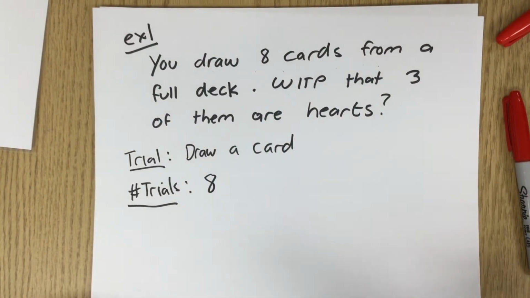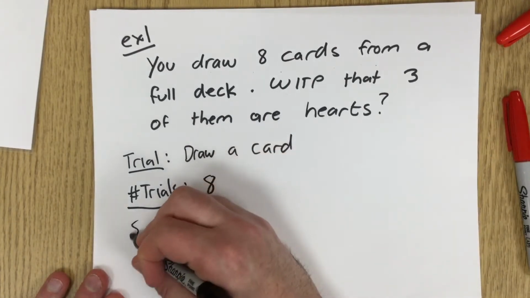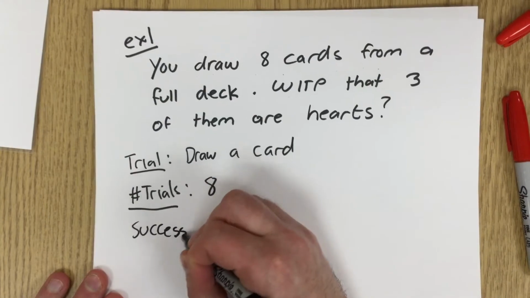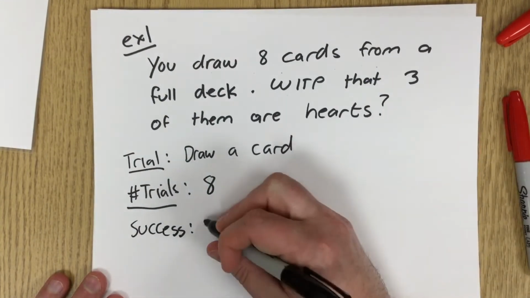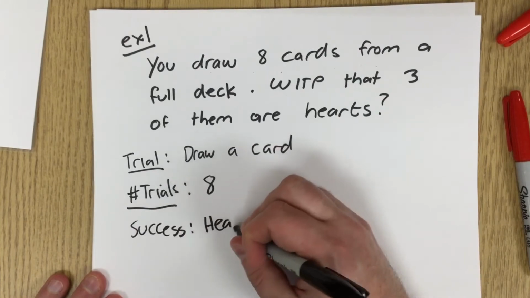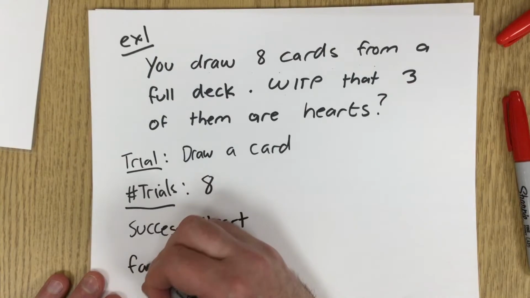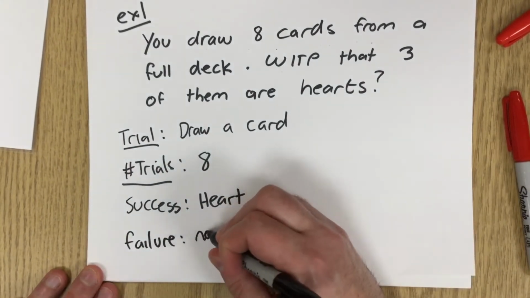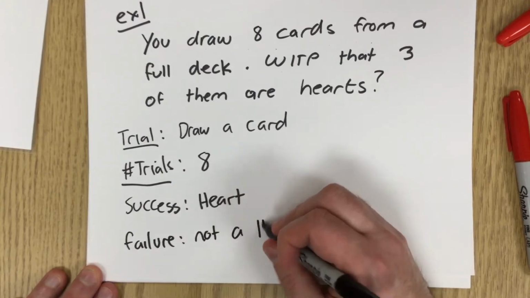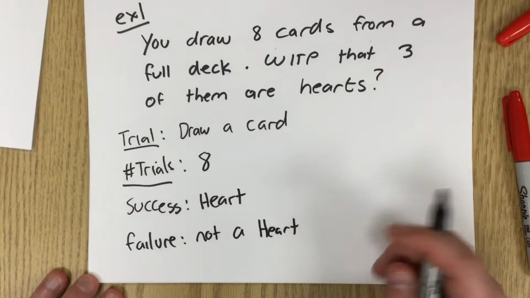Now remember, we have two outcomes, so we have to be able to describe something as a success. What we're going to describe here is a heart. Hearts is a success, and a failure would be not a heart. So we can divide this up into two outcomes, a heart and not a heart.